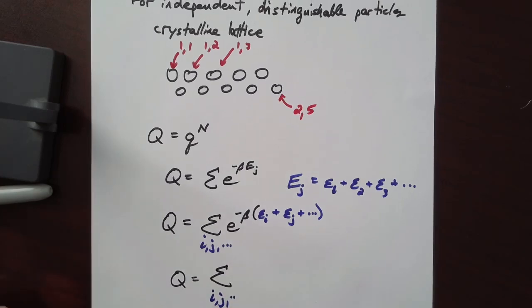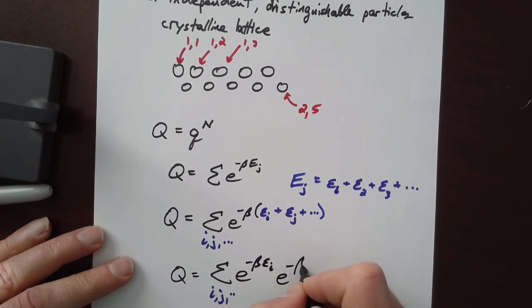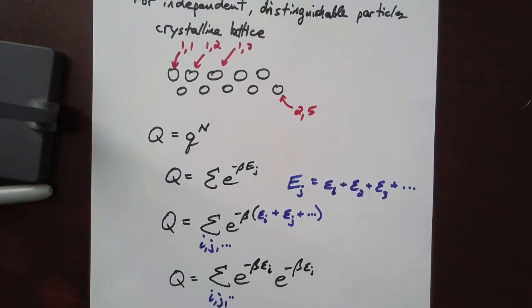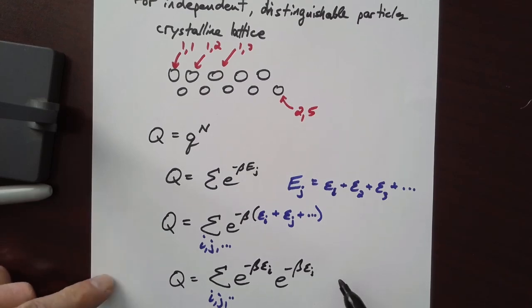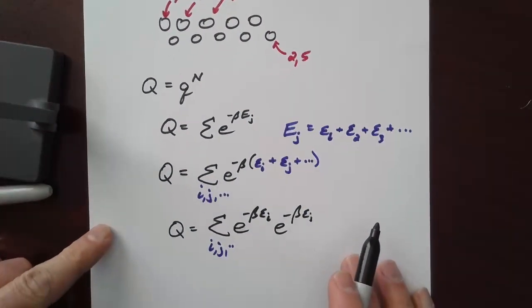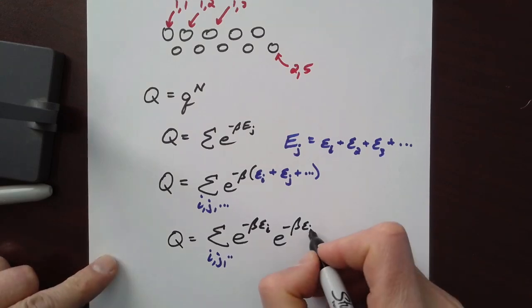And then instead of adding these, we can take the products: e to the minus beta E_i, e to the minus beta E_j, and so on. Now, these are all independent. Let's go back here. Independent, which means I sum over each one of these indices independently of each other. This is a j.